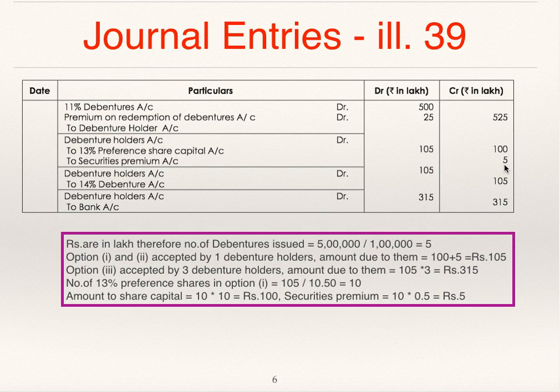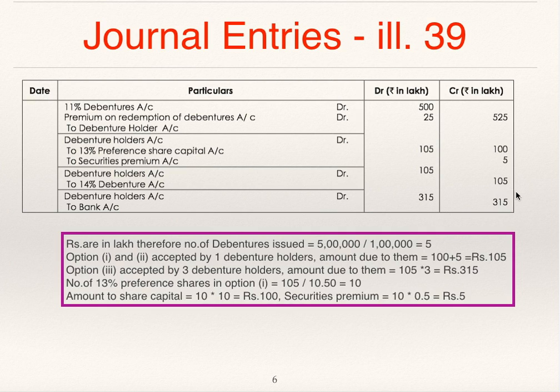This is first option. Second option, debenture holders account debit 105 to 14% debentures 105. This is rollover of debentures. 11% debentures are getting converted as 14% debentures at par. Third option, debenture holders account debit 315 to bank 315.